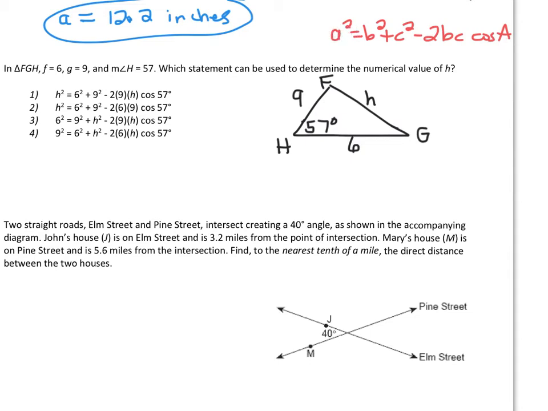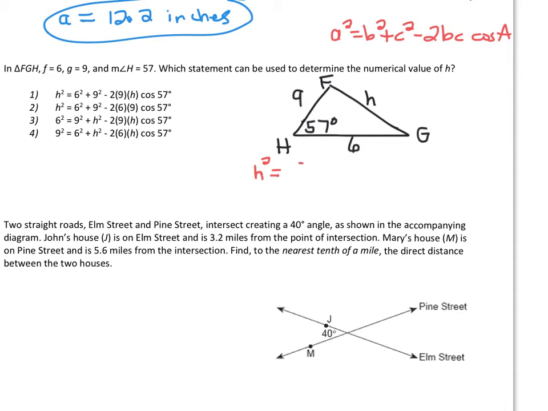Okay, so it's going to be H squared equals, and then you just take the other two sides and square them. It doesn't matter if we put F first and then G or G first and then F. I'm going to do F squared plus G squared.